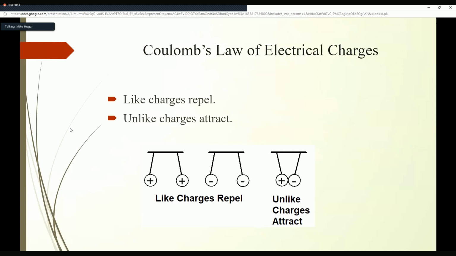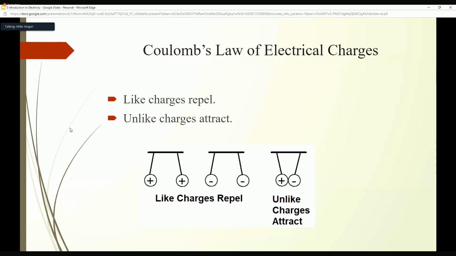Now, Coulomb's law, really what we're talking about here is the fact that like charges repel and unlike charges attract. You may not walk around stating Coulomb's law, but it's not necessarily foreign to most of us, because at one time or another we've all had magnets, and I'm sure you've taken the positive end of a bar magnet close to the negative end of another magnet, and snap, they go right together.